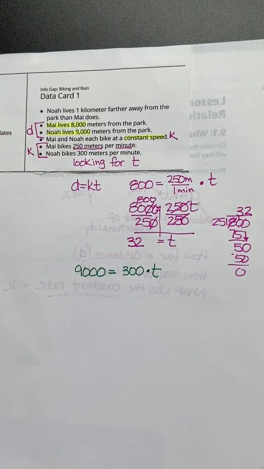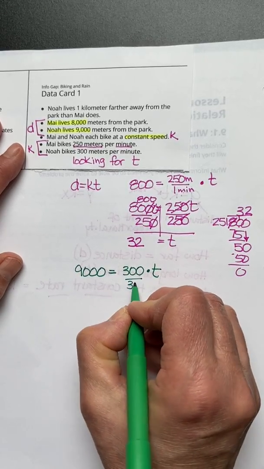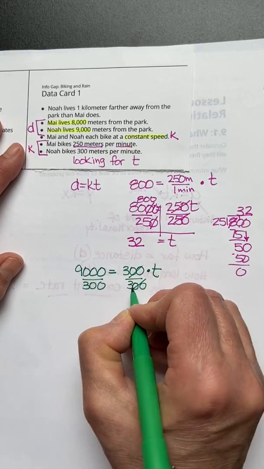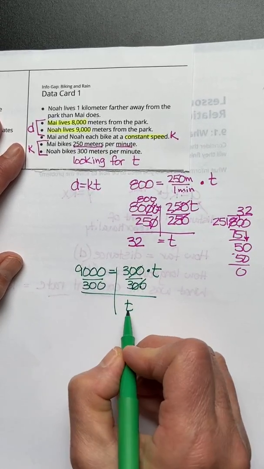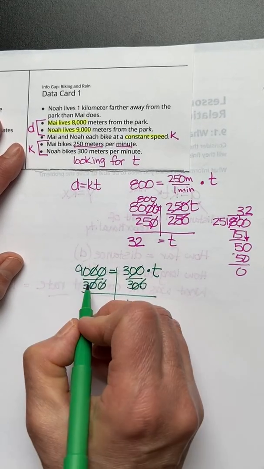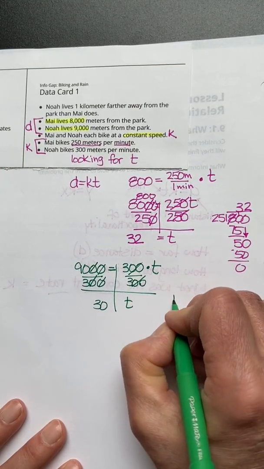Okay? That's my equation. I'm going to solve it. I would divide by 300. This one's a little bit easier. That just gives me t because 300 divided by 300 is 1t. Remember, that 0 cancels out. That 0 cancels out. 3 goes into 90 30 times. Okay. So it took Noah 30 minutes.